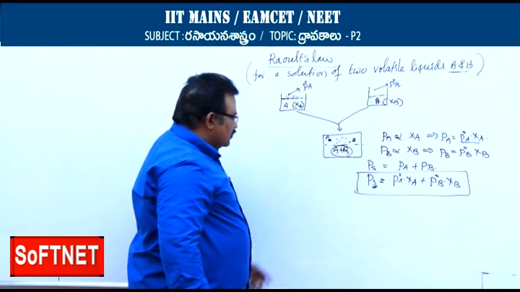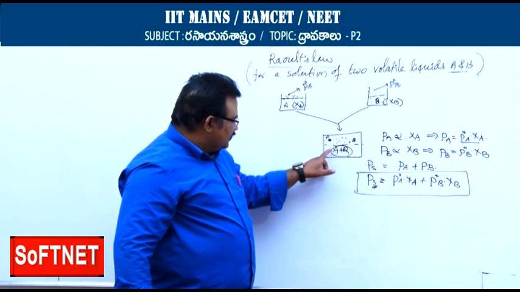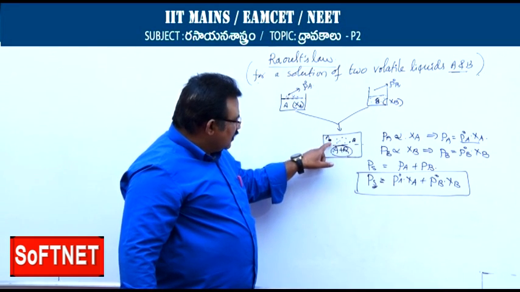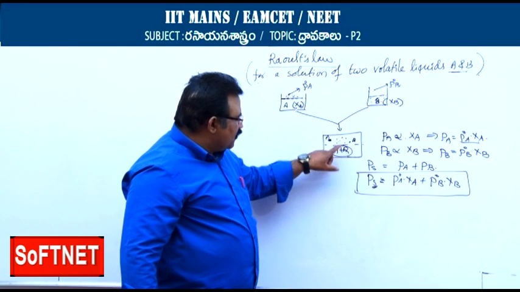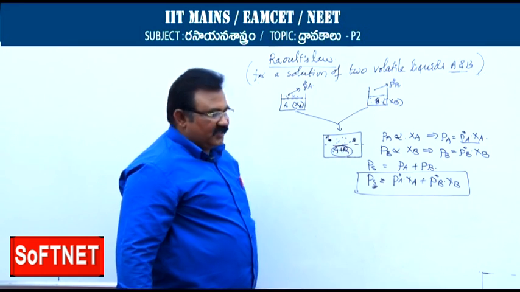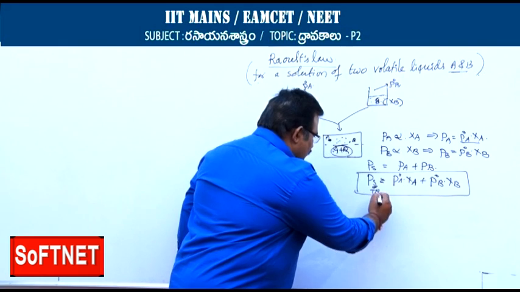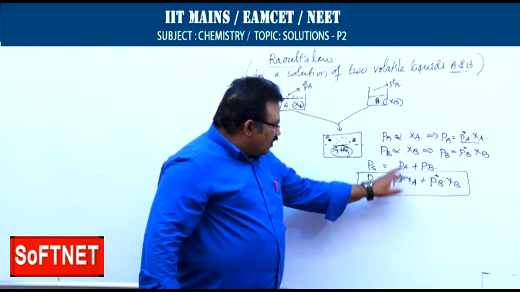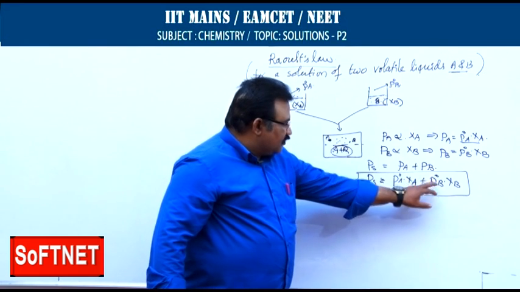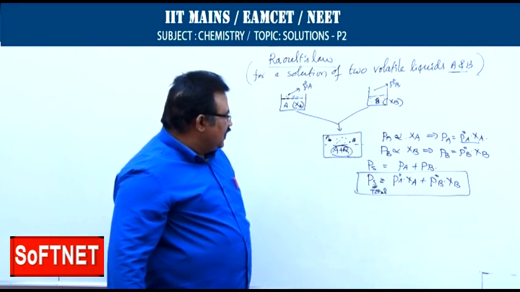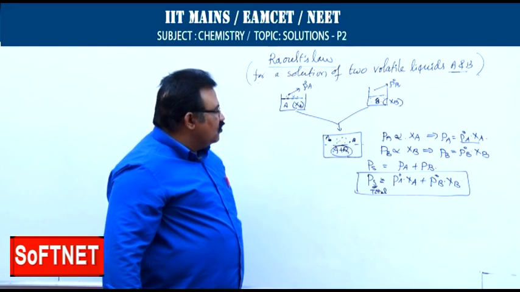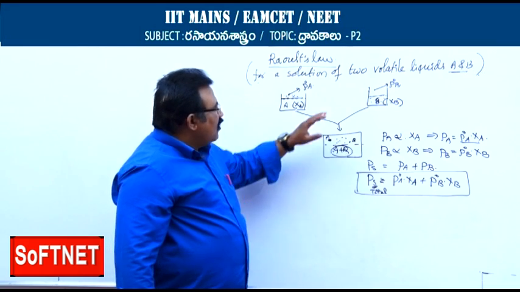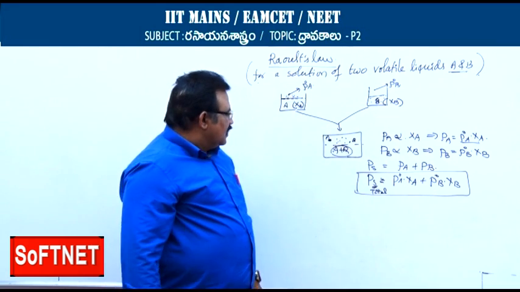PS means what? The vapor pressure of AB liquid on its liquid surface. This is nothing but P total. Total pressure is equal to partial pressure of one component A plus partial pressure of another component B. So this is used to measure the total vapor pressure of two volatile liquids.